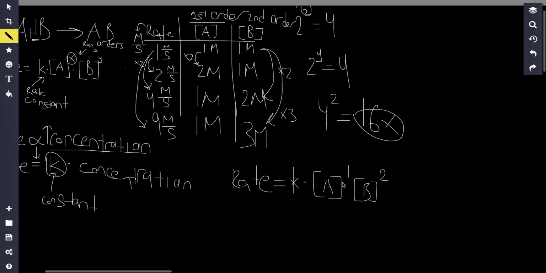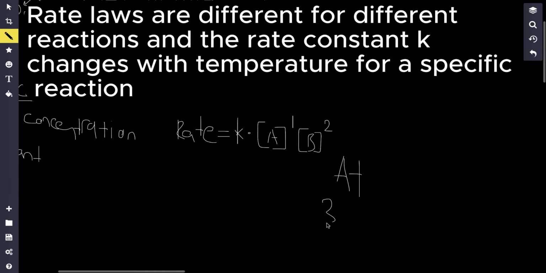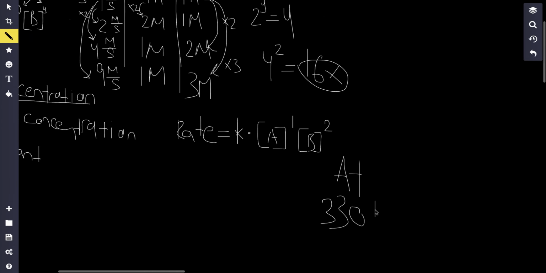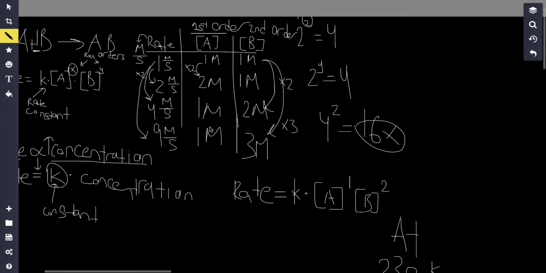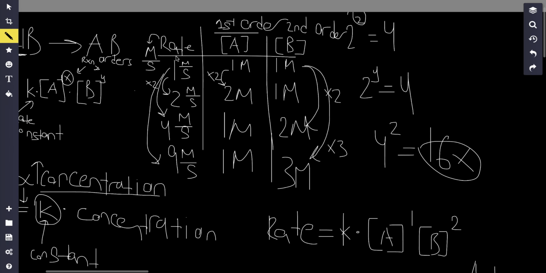Oh, this is going to be held at a certain temperature. Let's say 330 degrees Kelvin. Of course, if we increase or decrease the temperature of our reaction, that's going to affect the rate of our reaction. So throughout all these experiments, I kept the temperature constant.